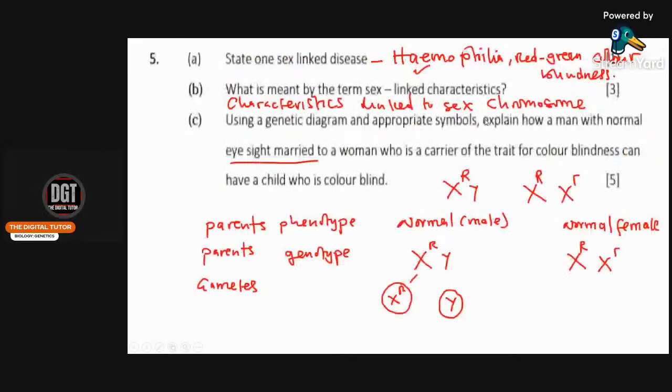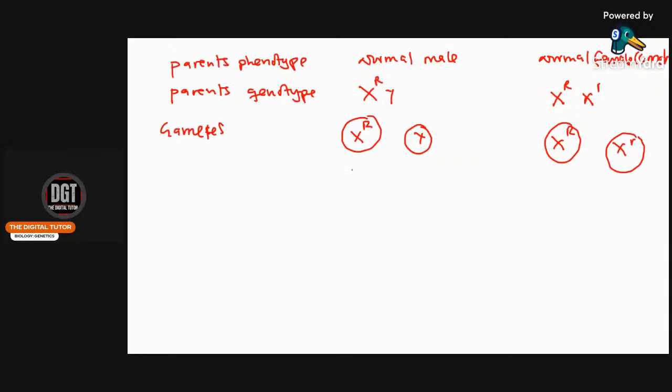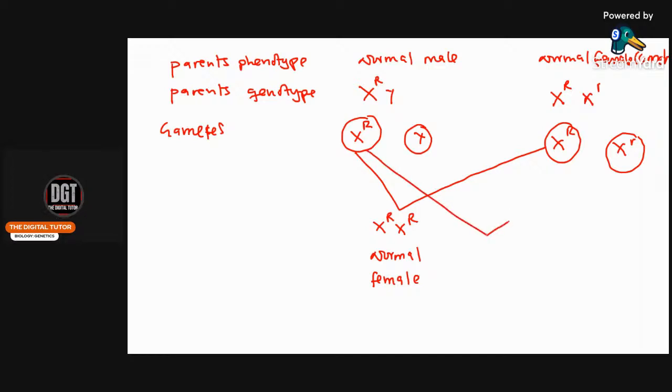What is the question? How they can have a child who is colorblind. So let us cross and see. Here this gives us X^R X^R. This is the normal female, because the chromosomes are XX. Then this one with that one will be X^R X^r.